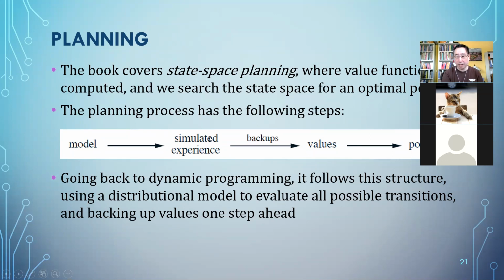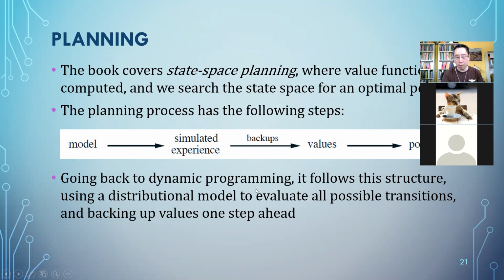Now, this experience may not be 100% accurate because now we're talking about an estimated model. But from this experience, we're going to get rewards and returns, and we're going to back up those values to improve our value function, and ultimately, with our improved value function, to improve our policy.